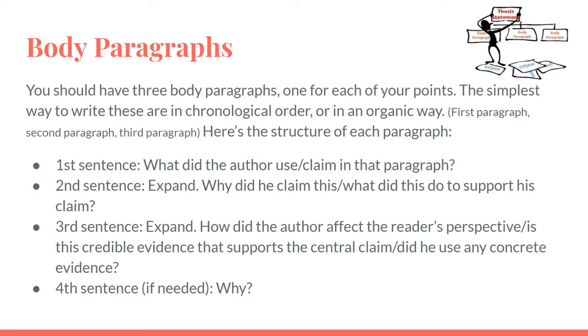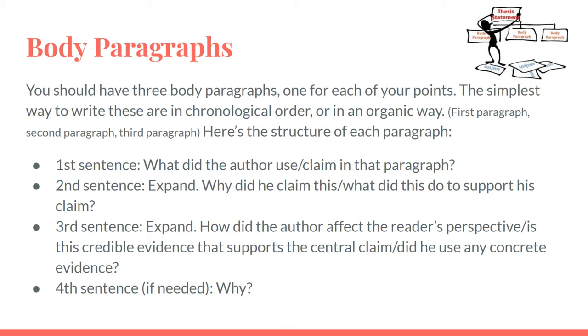Then you have your body paragraphs. Again, like I said before, your body paragraphs are going to be the meat of your explanation. There's going to be 3 to 4 sentences in each body paragraph for a rhetorical analysis essay. The first is basically the author's first subclaim. So the way that you're going to split up this essay is into 3 subclaims, and each of the subclaims is going to be 1 body paragraph.